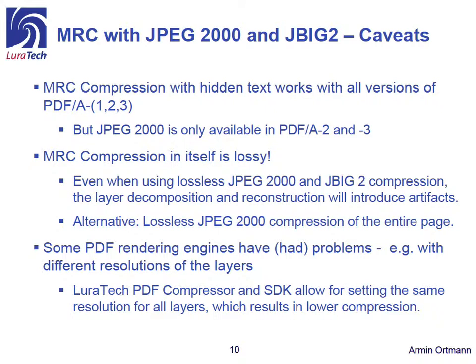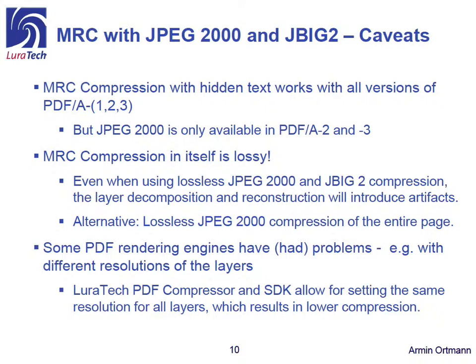One thing that also needs to be noted: once you start using MRC compression, you can use lossless JPEG2000, lossless JBIG2, but you have to be aware that creating or separating a document in these 3 layers and then having a reader compose them again, it's inherently a lossy process.